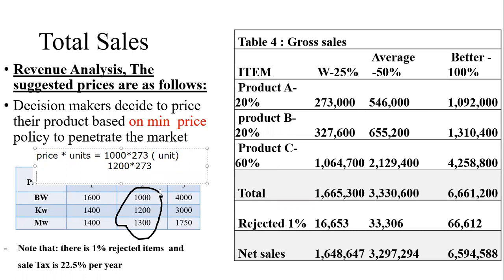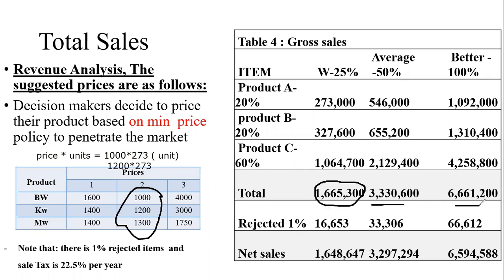So this is 1,000 times the 273, 1,200 times 273, and finally the rest of the product that I have, I will multiply times 1,300. Then I receive here all the data that we have here, and this is called the total sales. This is my total sales for the worst case, the total sales for the average, the total sales for the best. So this is very nice.